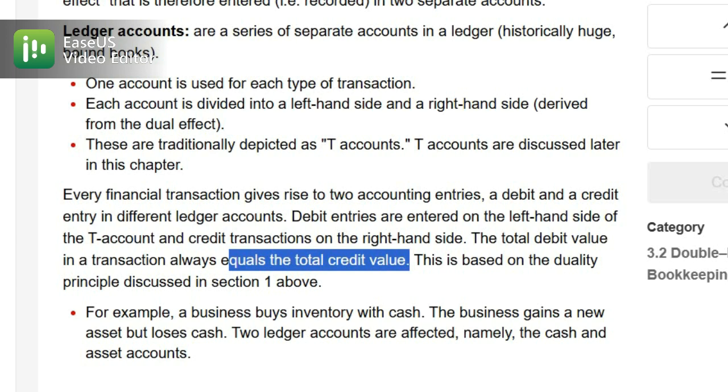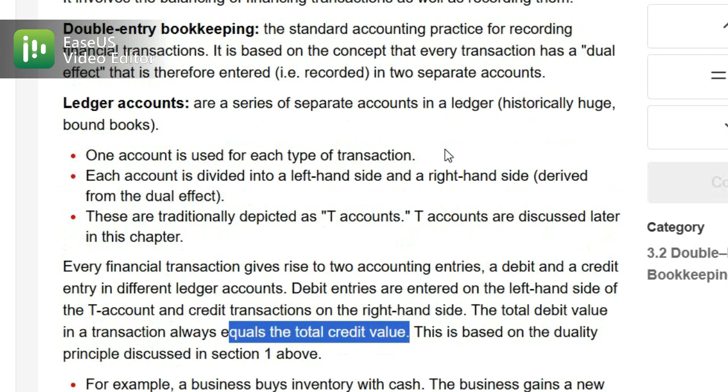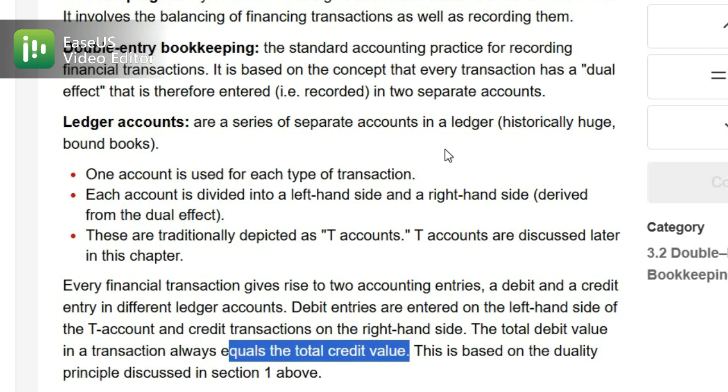So in your ledger, with two accounts, the inventory account will have a debit entry of 10,000 on the left side, and the cash account will have a credit entry of 10,000 on the right side. So your debit balance of 10,000 is equal to your credit balance of 10,000.